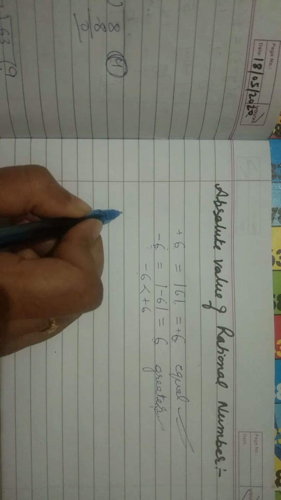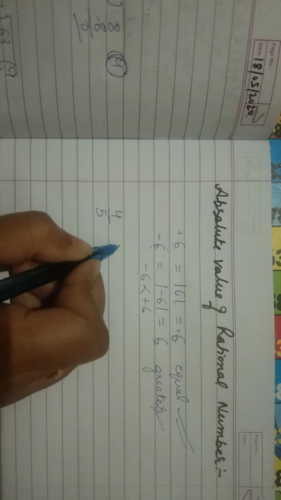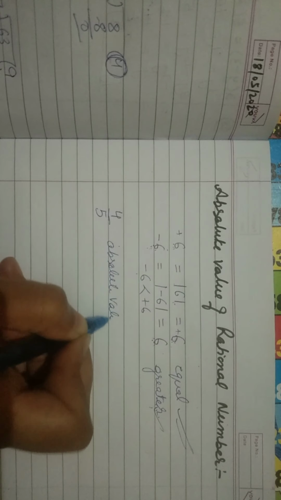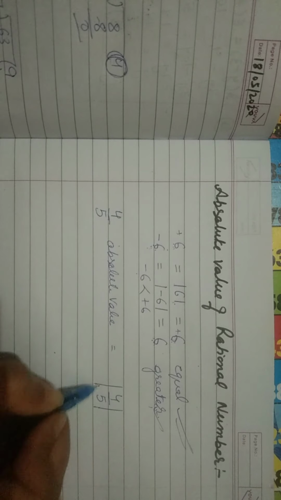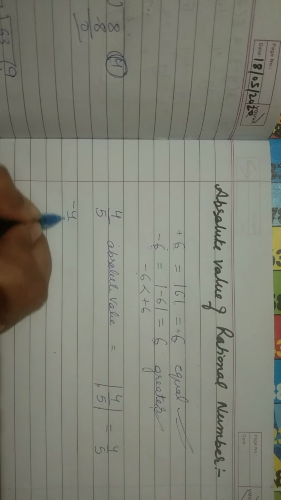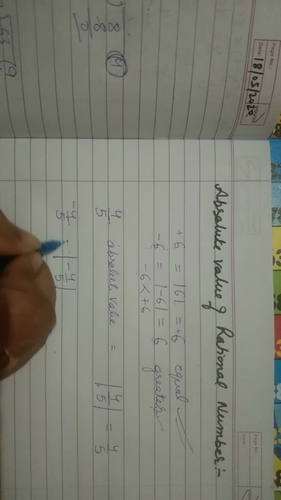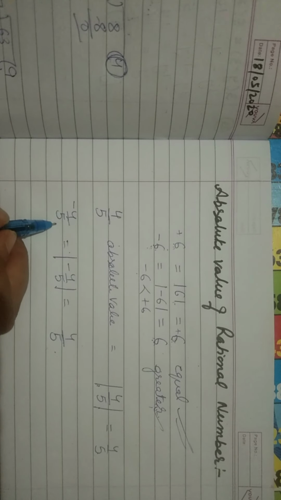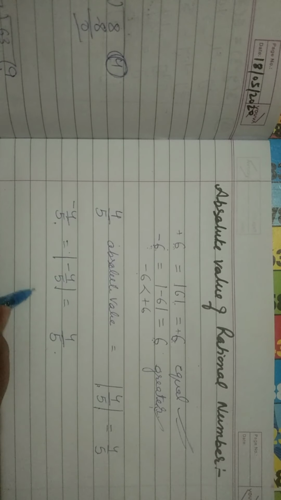So let us take one example. For example, I am going to take from the book 4/5. The absolute value, the sign of absolute value is these two bars, so it is equal to 4/5. Now for minus 4/5, its absolute value is also 4/5. Okay, so the absolute value of a rational number is written in this way.